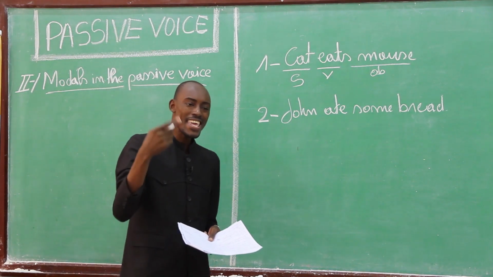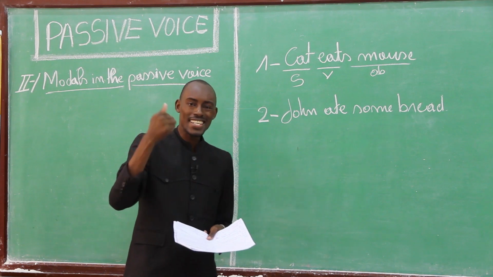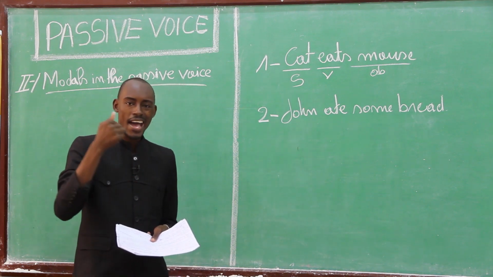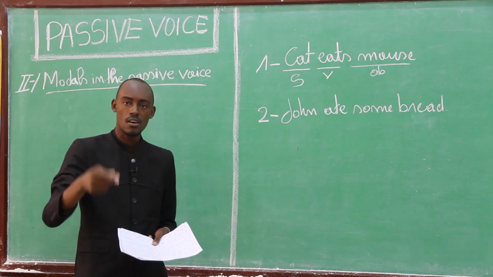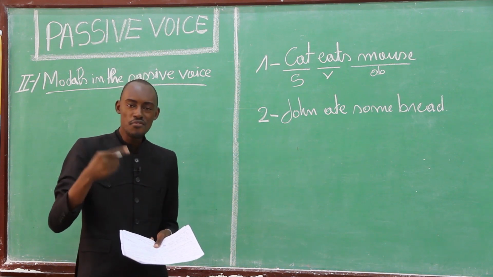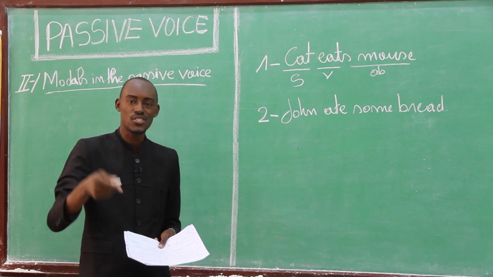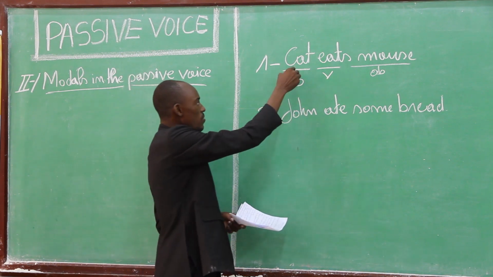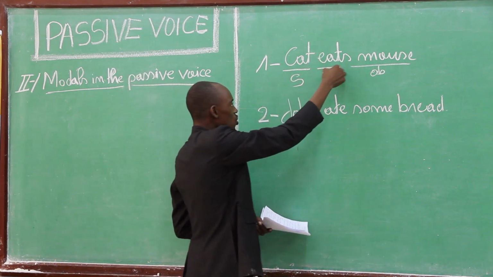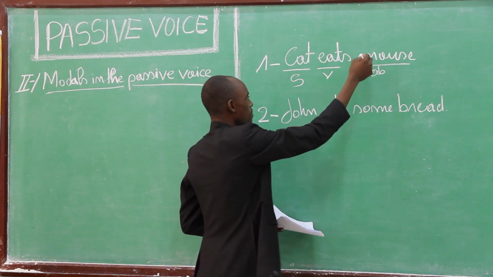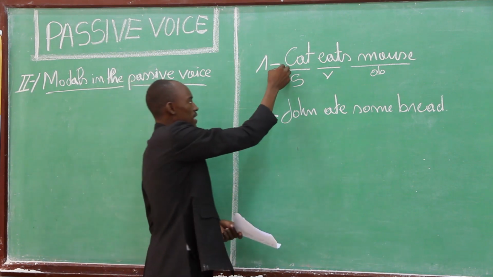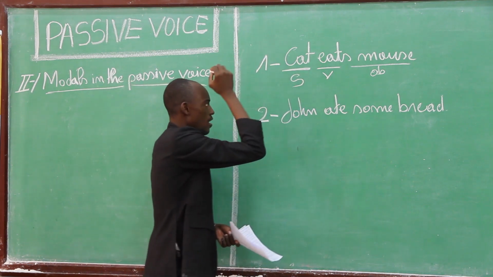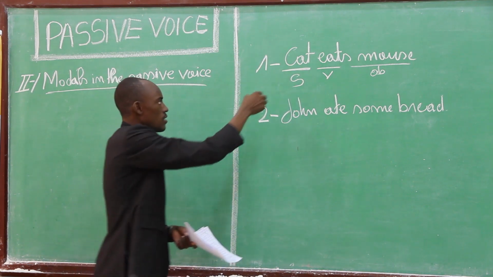And we say a sentence is in active voice when the subject does the action, when the subject performs the action. Here we notice that the action of eating mouse is done by the subject, which is the cat.